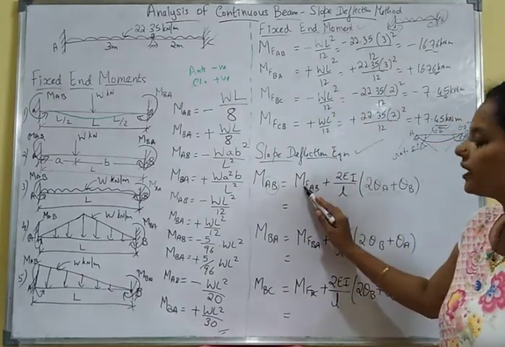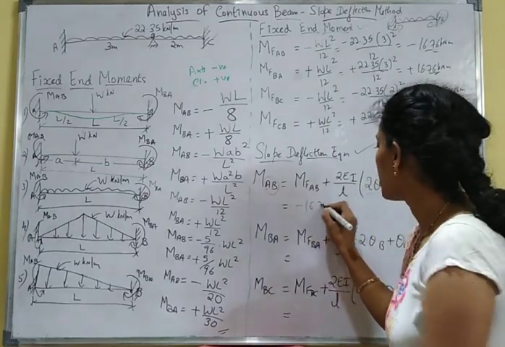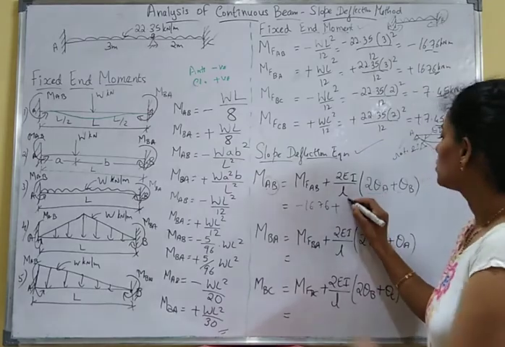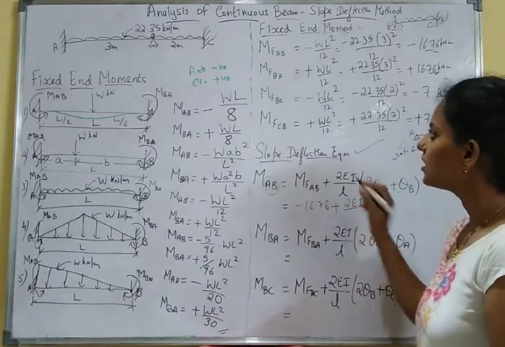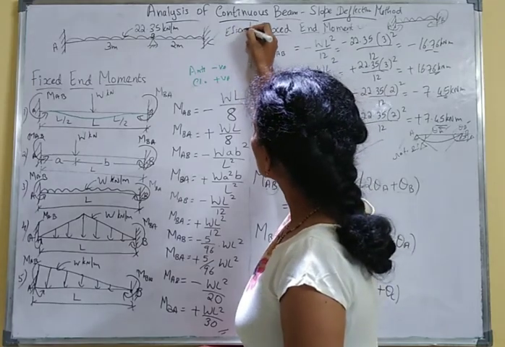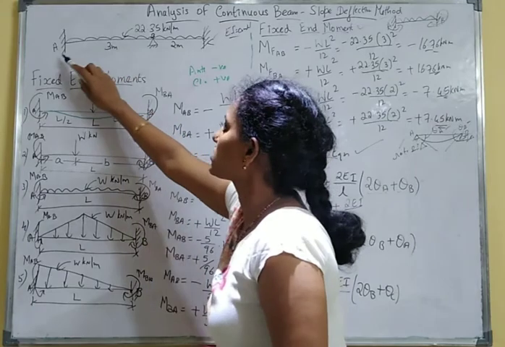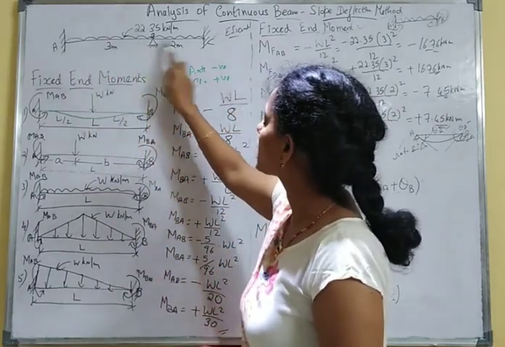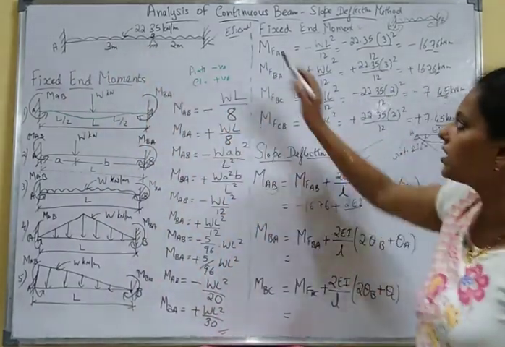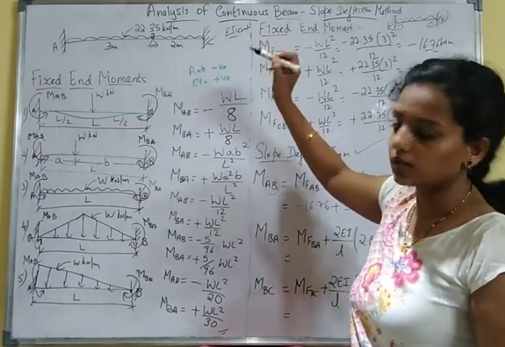Once that is clear, just write the fixed end moment. What is the fixed end moment? MFAB is nothing but minus 16.76 plus 2EI. Here I am taking the same cross section throughout, so EI will be constant. Suppose you have a varying cross section, that is, AB has a different cross section and BC has a different cross section, then E might be the same, but I will change.